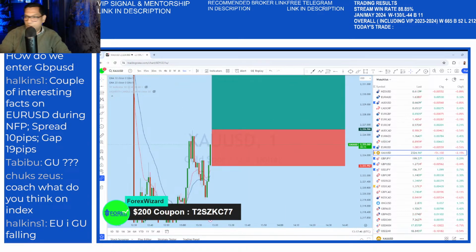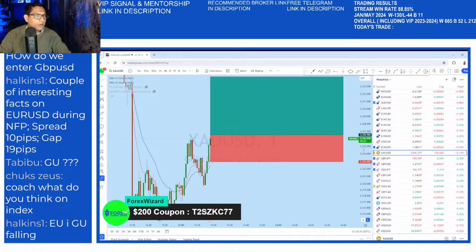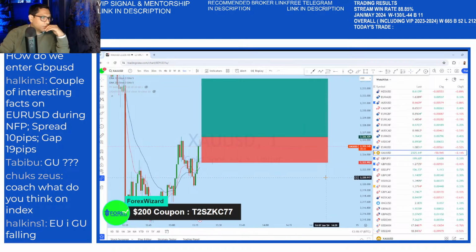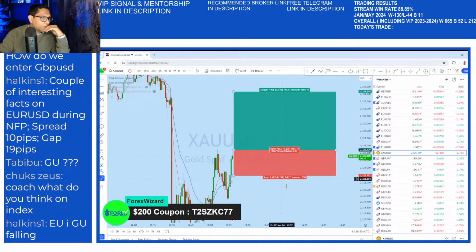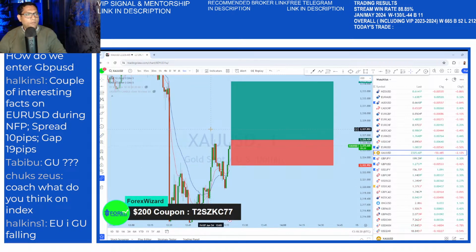Okay, guys, so we are approaching that level. Getting triggered. So we are approaching the buy stop.